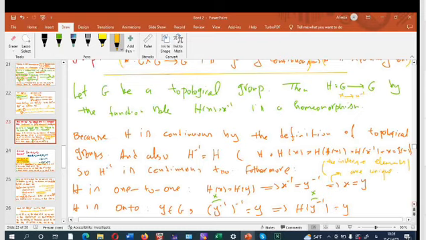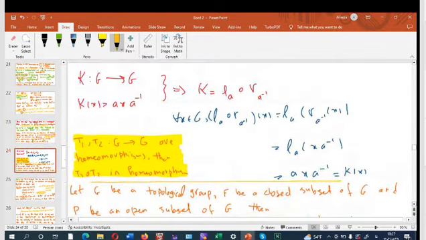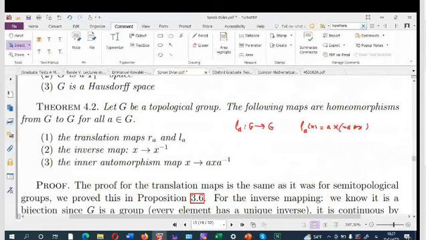So h is continuous and the inverse of h is continuous and h is bijective, so this is a homeomorphism, so we have this condition 2.